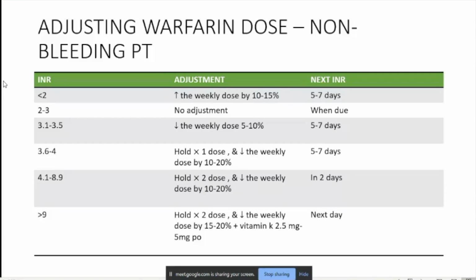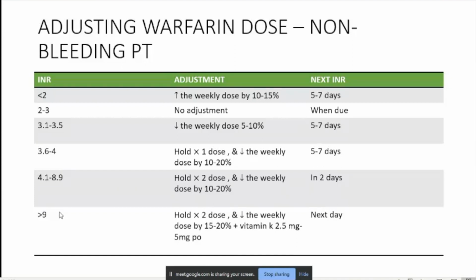Okay, now let's check above 9. We checked less than 2. We know that if it is 3.1 to 3.5, we decrease the weekly dose. Now, if it is more than 9, I'm just skipping the two in-between ranges, so let's jump right into more than 9.